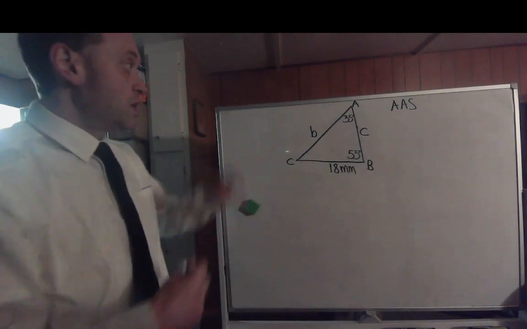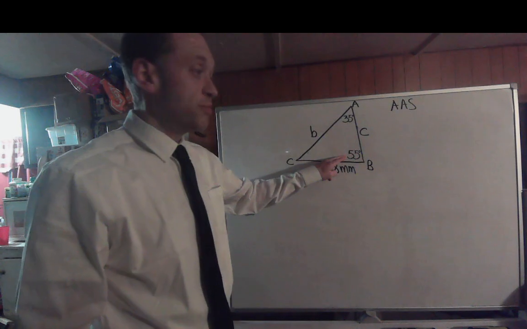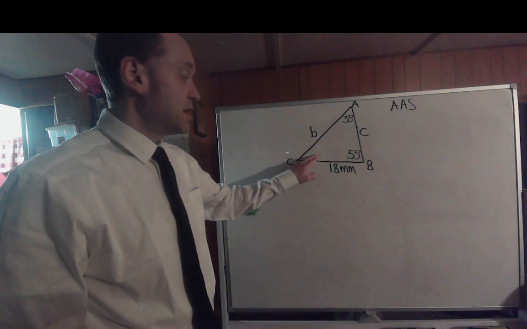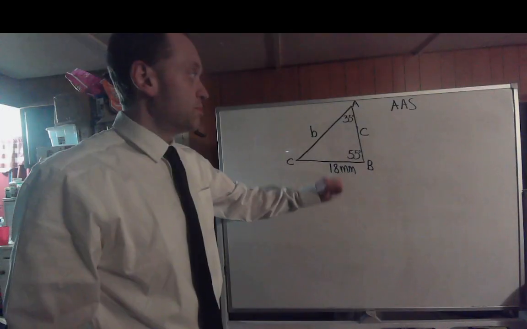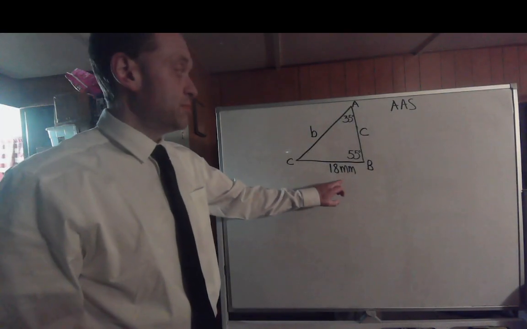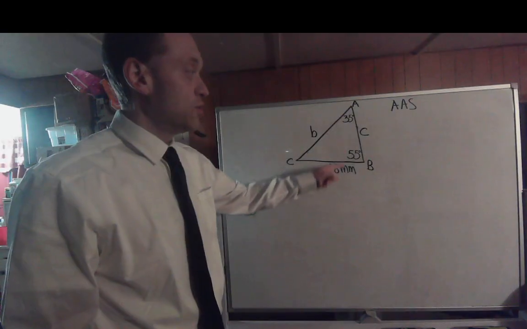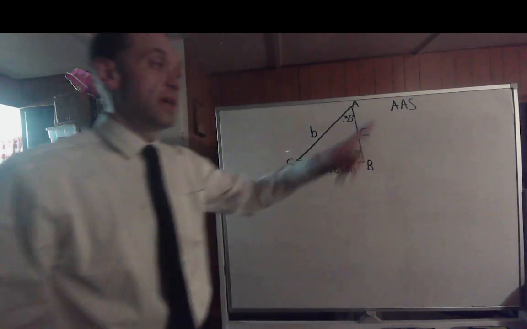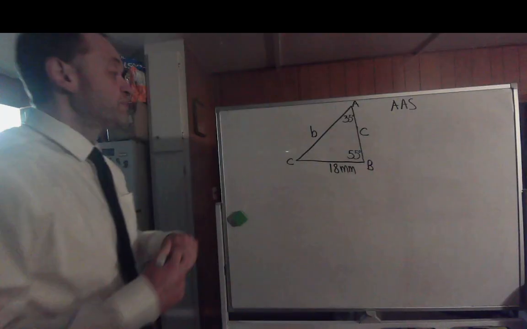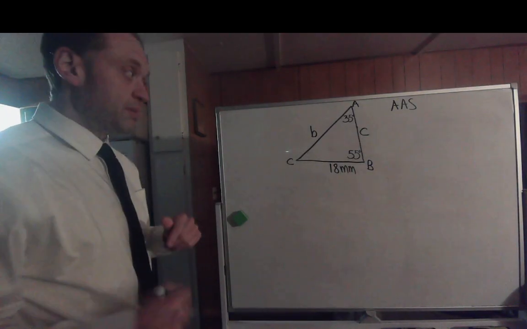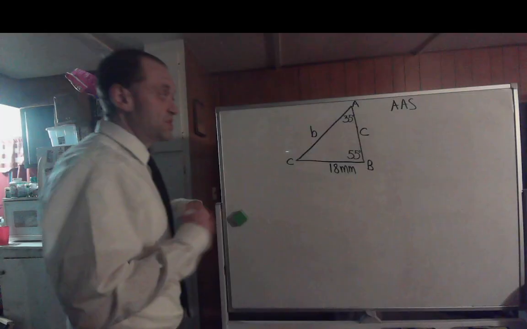Alright, so we know angle A, we know angle B, we don't know C yet. But then we know side A is 18 millimeters. So we have an angle, and a side. This is another angle, side case. So it's probably best we solve for that missing angle C.